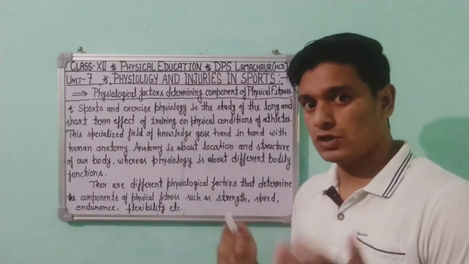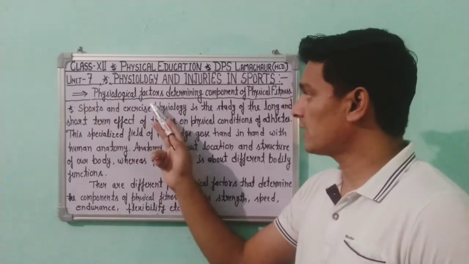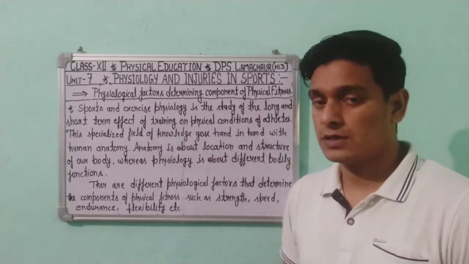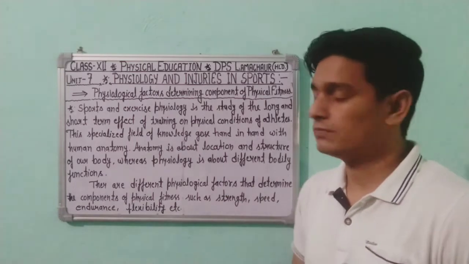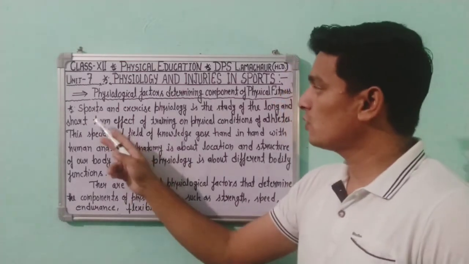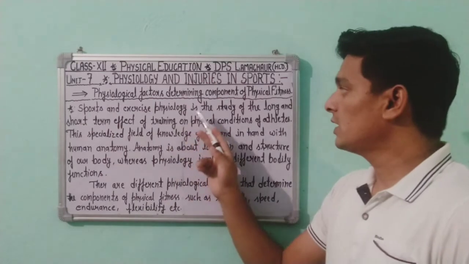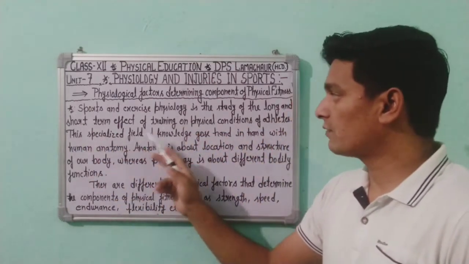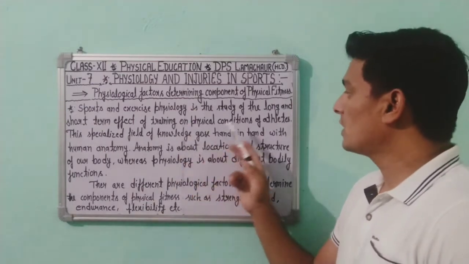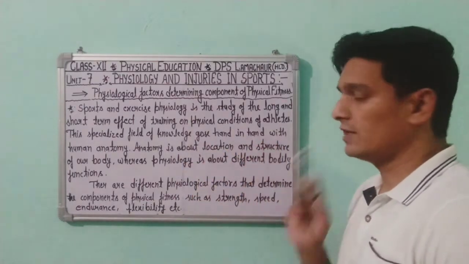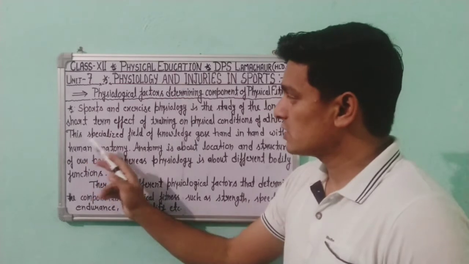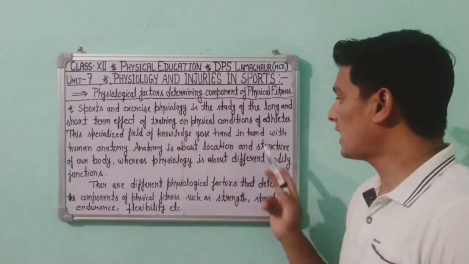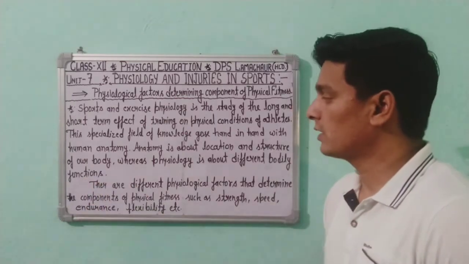In this topic, today you will know about the physiological factors determining components of physical fitness. So now let's know about it. Sports and exercise physiology is the study of the long and short term effects of training on physical conditions of athletes. This specialized field of knowledge goes hand in hand with human anatomy.